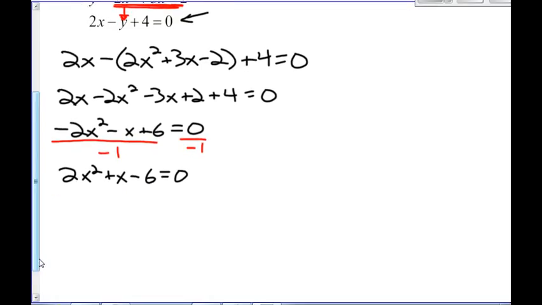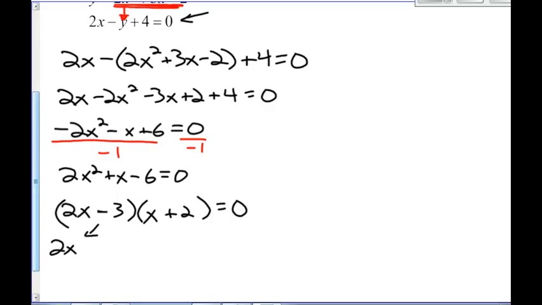From here, we could use the quadratic formula, or we could factor. And since this does factor, I'll factor it. Okay, I'm going to need x plus 2 here and 2x minus 3 here, meaning that we have solutions of 2x minus 3 equals 0, or 2x equals 3, or x equals 3 over 2.